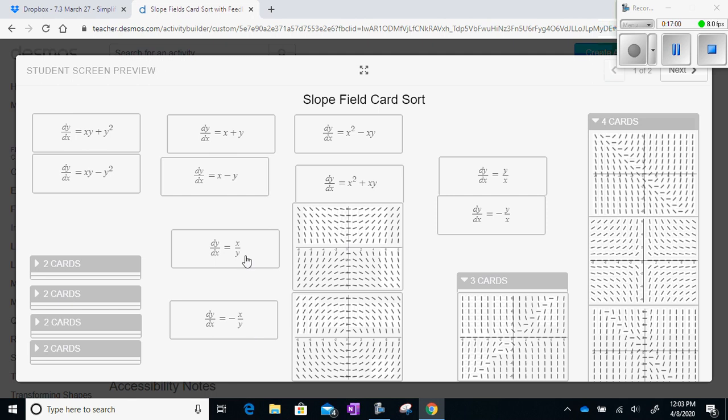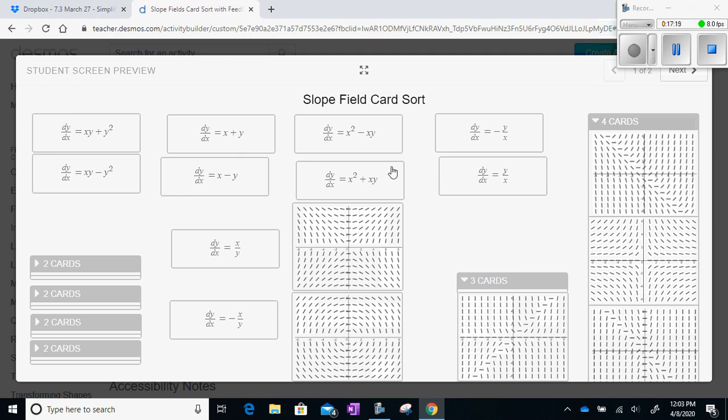So these differential equations have to match these two slope fields somehow. There's no other card that, when you plug in y equals 0, would give you something undefined. So I'm simply narrowing down my choices and using the process of elimination to match these up.